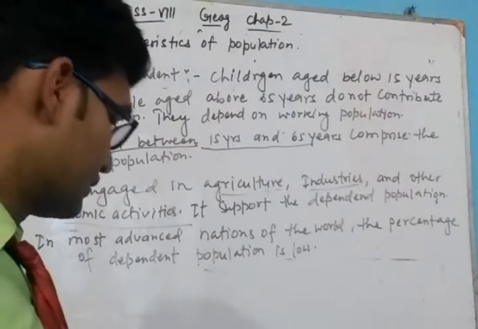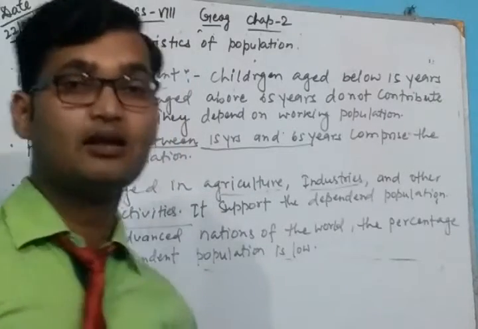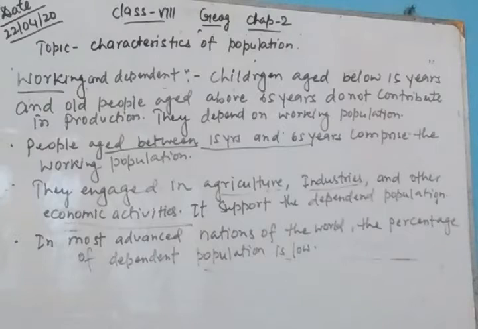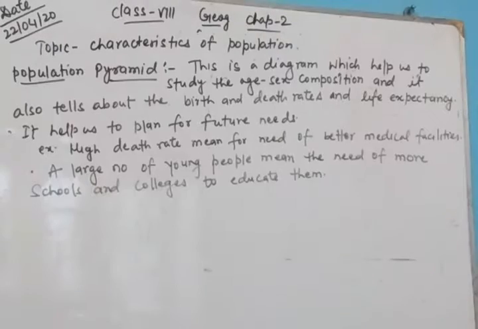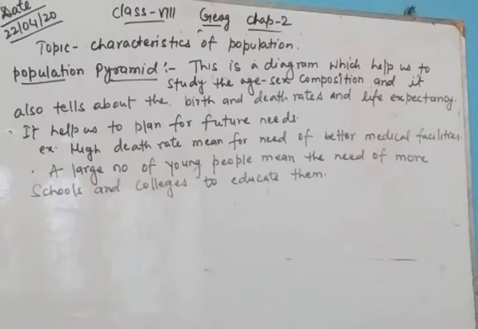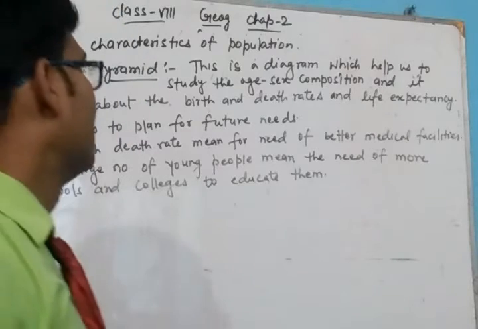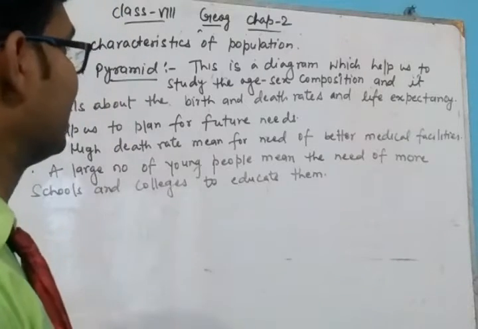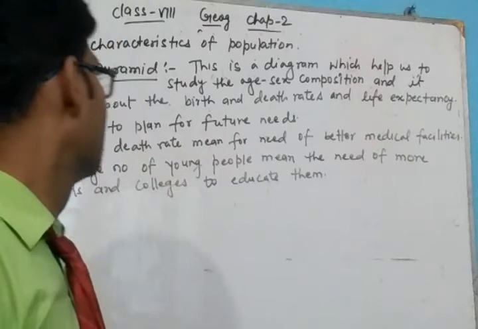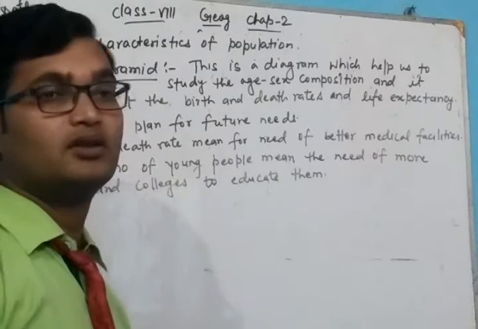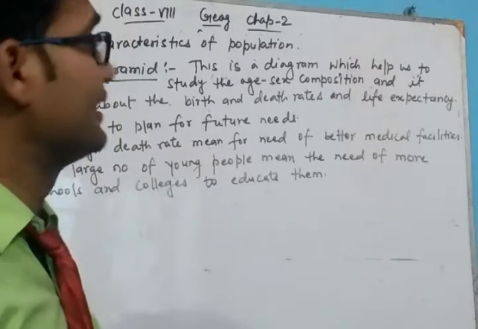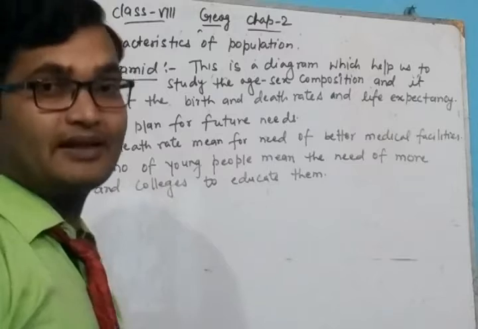Okay, now the next topic is population pyramid. This is a diagram which helps us study the age-sex composition, and it also tells about the birth rate, the death rate and the life expectancy.